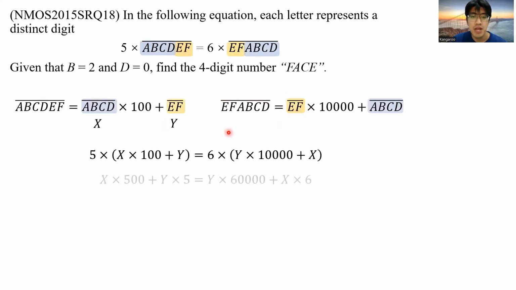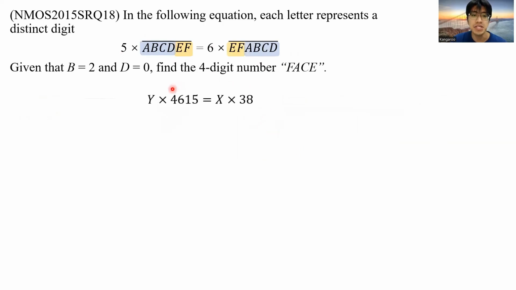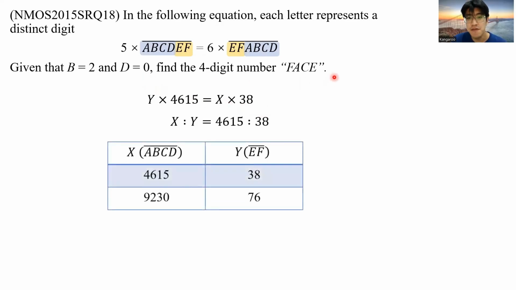From there, we can greatly simplify our calculation and arrive at this relation, which seems quite complicated, a bit difficult to obtain the exact values for x and y, but there's no need to worry, because from this, we can still get the ratio, and the ratio helps us narrow down the possibilities. Combining with the condition given by this question, we arrived at the final answer, FACE equals 6937.